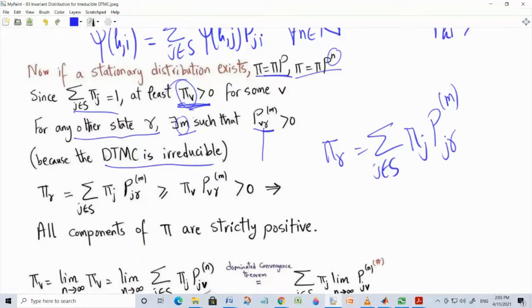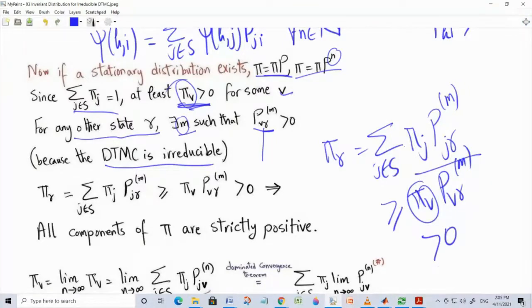It must be the case that at least one component in the vector is strictly positive, and I will say that it is component v. So we will lower bound this by pi_v b_v gamma of m. Now this one is strictly positive. I did the lower bounding using j equals v so that I get something strictly positive. And then we have the probability, and we have chosen m such that this probability is positive. And so this quantity is strictly greater than 0. So every pi is strictly positive.